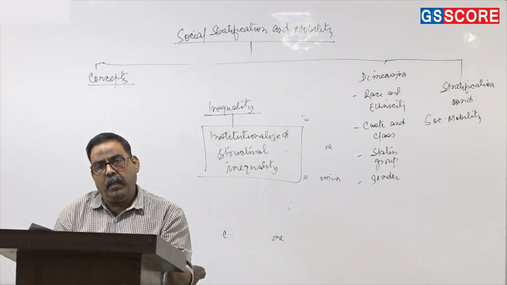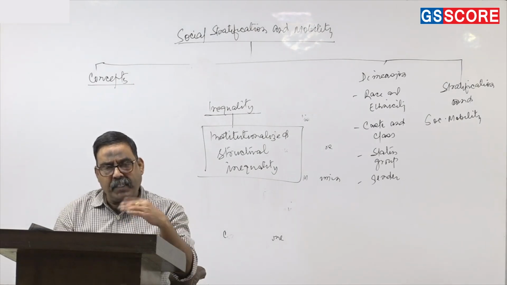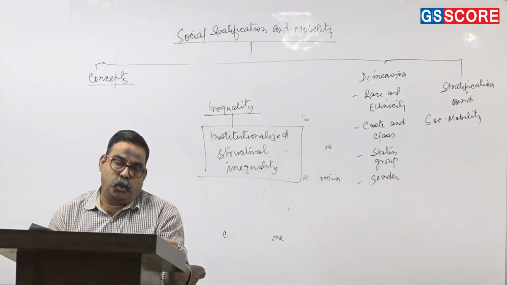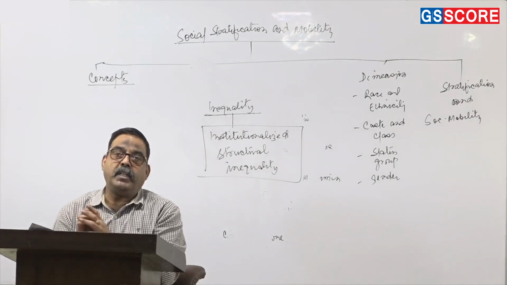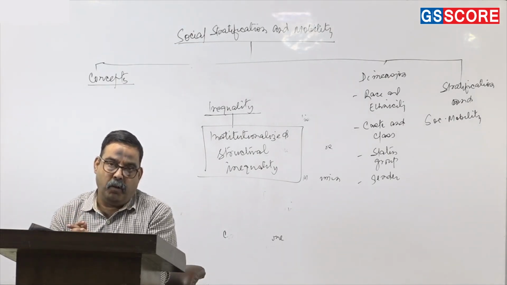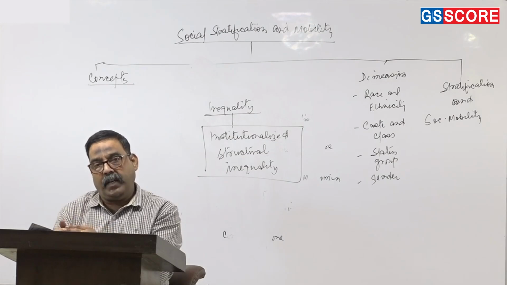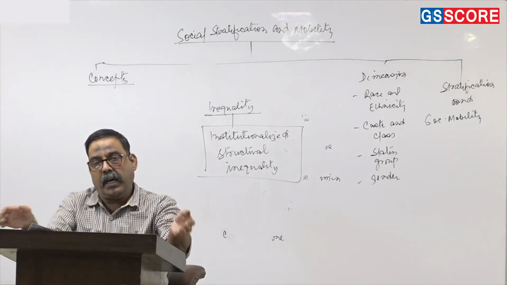Racism is gone. With the decline of feudalism, state system is gone. So in the contemporary perspective, the two types of social stratification which seem to be the most significant in practice are class and caste.